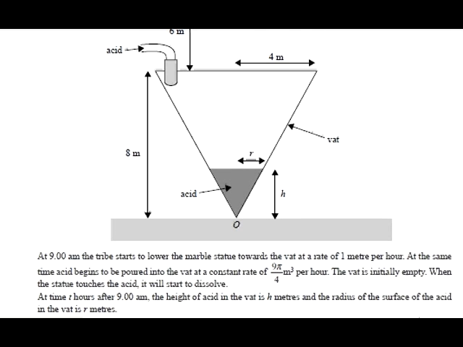Okay, so this first part deals with the shape of our vat. It says show that H equals 2R. Locate H and R on our diagram, and then maybe we can draw some triangles to make life easy.